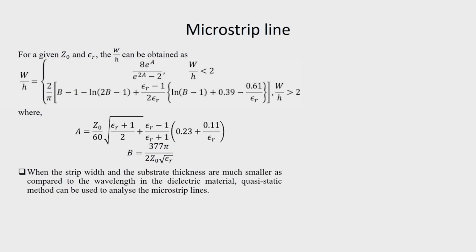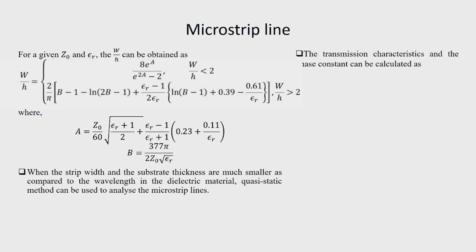When the strip width and the substrate thickness are much smaller compared to the wavelength in the dielectric material, the quasi-static method can be used to analyze the microstrip line.